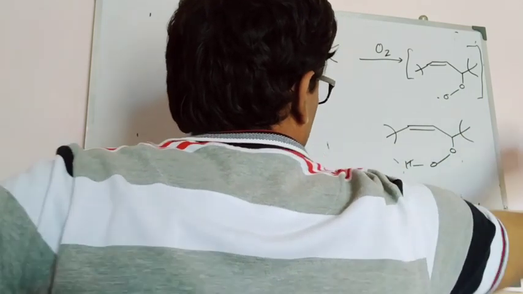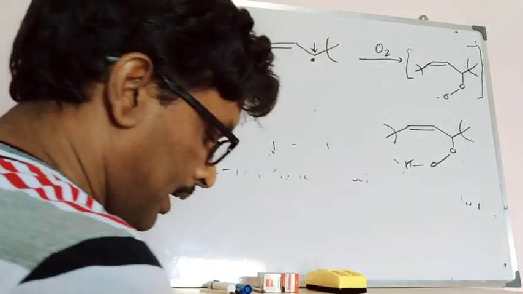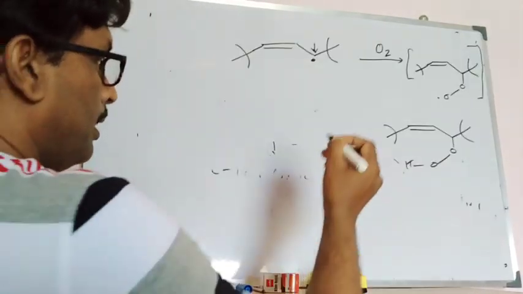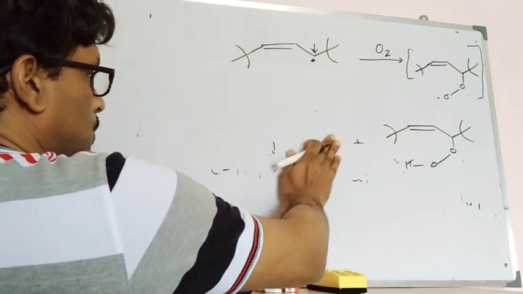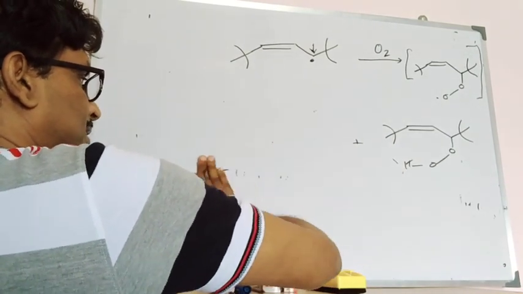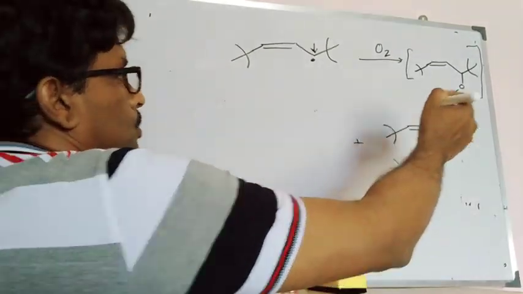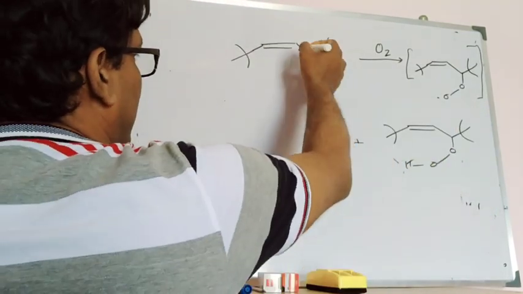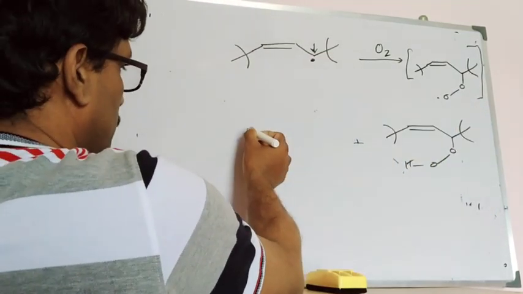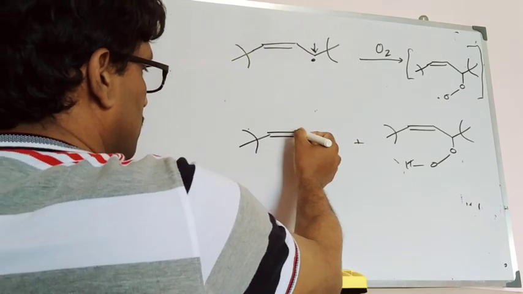So other chains are actually present there. So this hydroperoxide plus, that means two molecules of this, will be the chain initiation reaction, and hydrogen will be taken up from another, so that it produces another free radical.